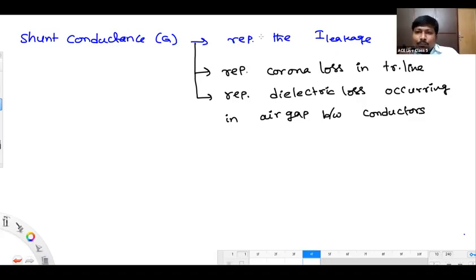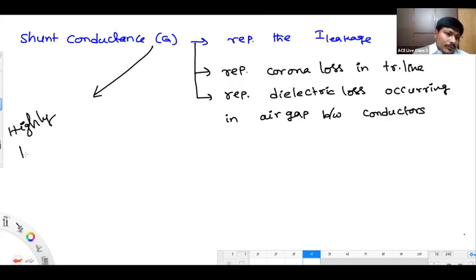Corona loss also depends on the same, and dielectric loss also depends on the atmospheric conditions. So this parameter G is highly dependent on atmospheric conditions.